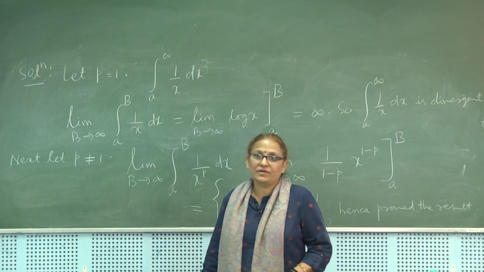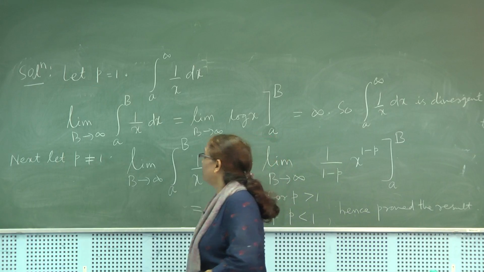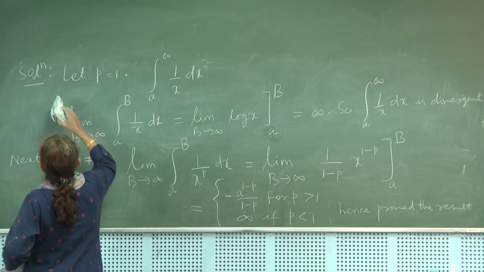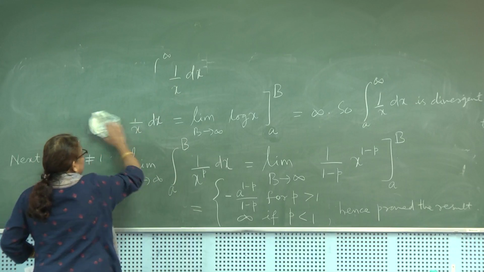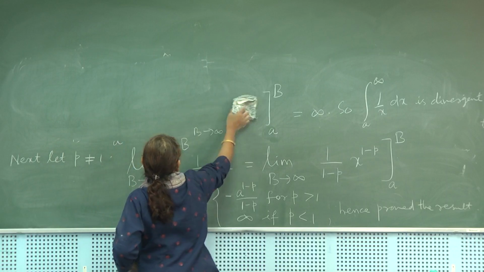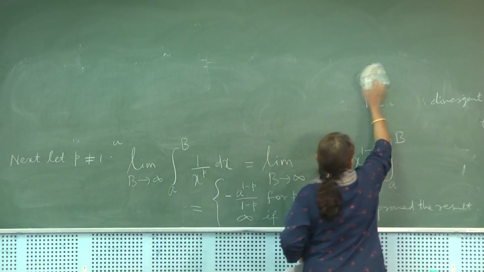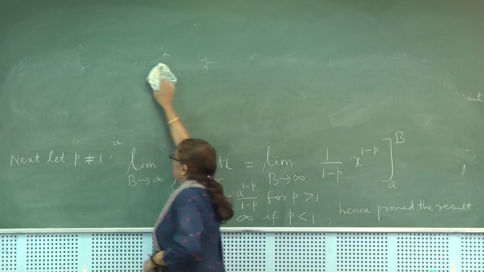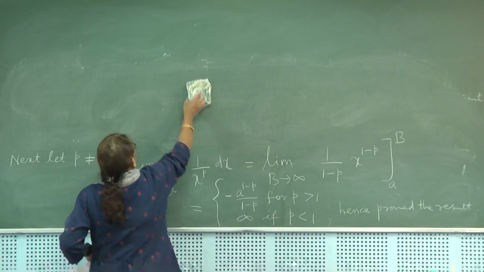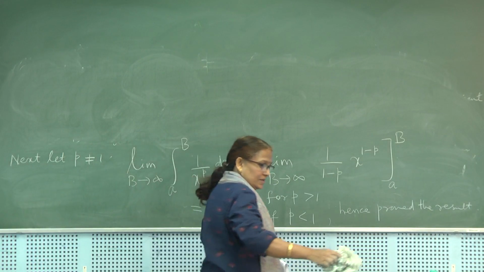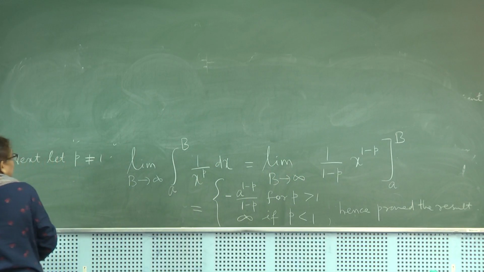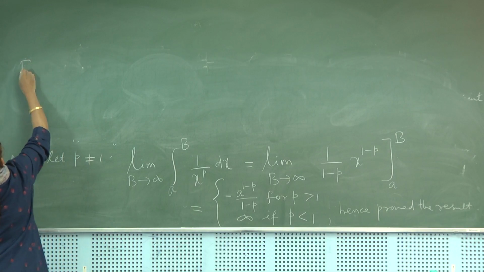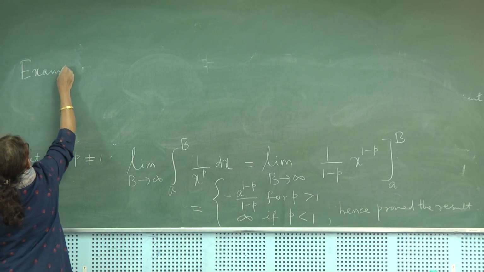Then for type 2 improper integral, what will be the p test for type 2 improper integral? Let us consider that also as an example form.